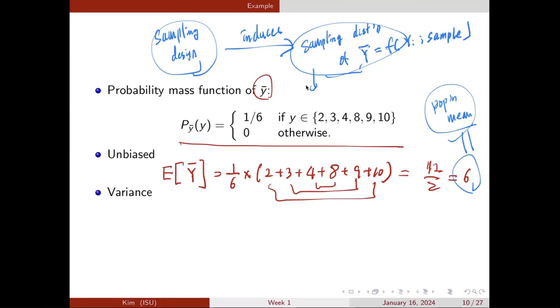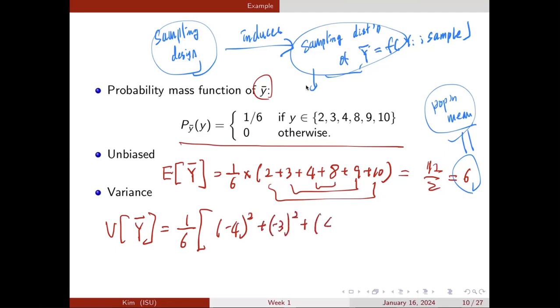And furthermore, we can compute the variance, right? So basically, this is a sampling error. -4 squared, -3 squared, 2 squared, -2 squared, 2 squared, 3 squared, 4 squared, something like that.